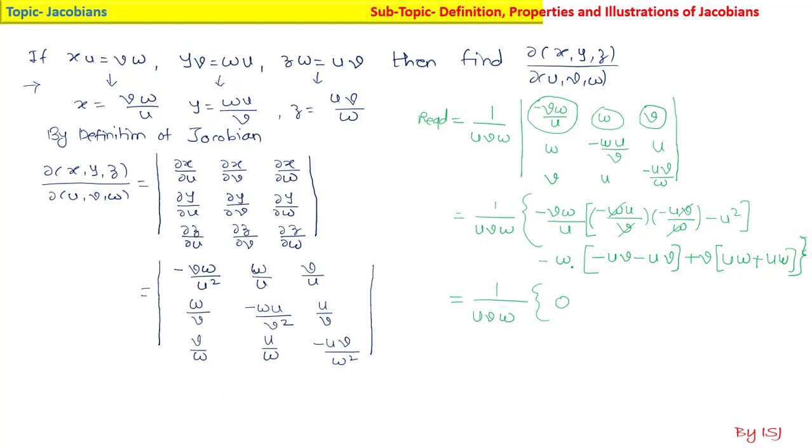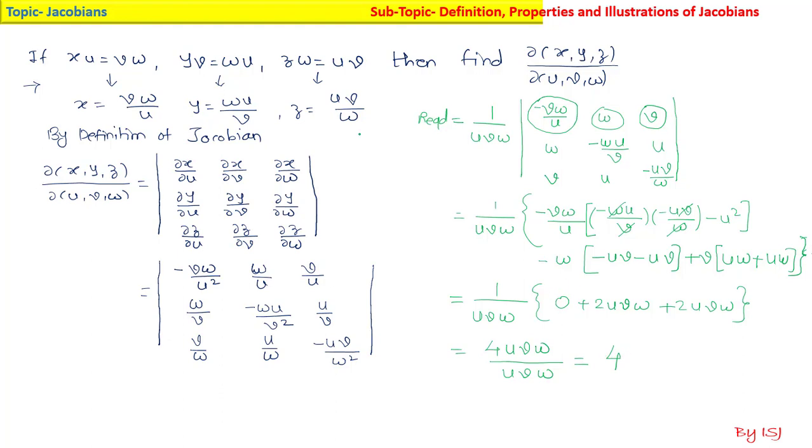Then minus uv into w minus u into w, that is plus 2uvw, plus this is again 2uvw. So it is in fact 4uvw divided by uvw. So uvw also cancels. What is the answer? 4.